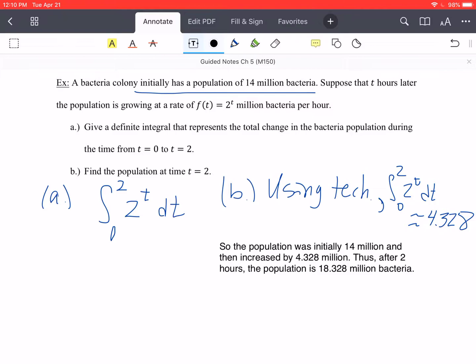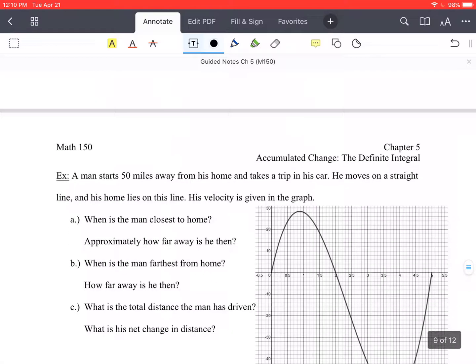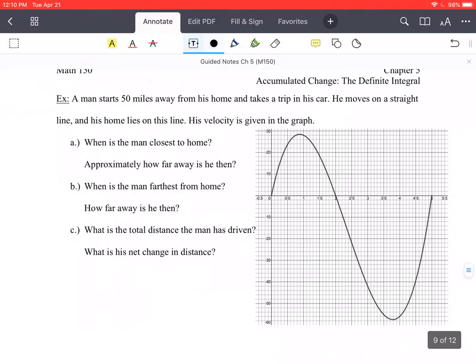Okay. So let's look at another example, this time incorporating that graphical interpretation. A man starts 50 miles away from his home and takes a trip in his car. He moves on a straight line and his home lies on this line. His velocity is given in the graph. So this graph here is the v of t, his velocity graph, and this is our time.